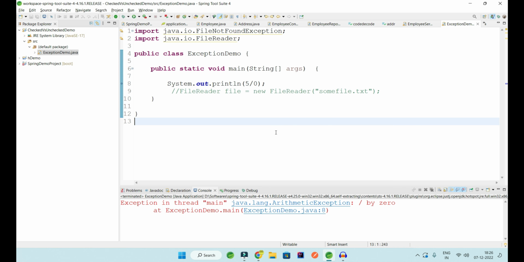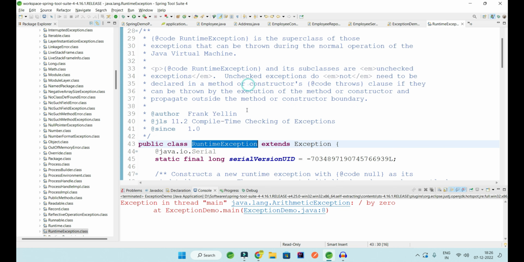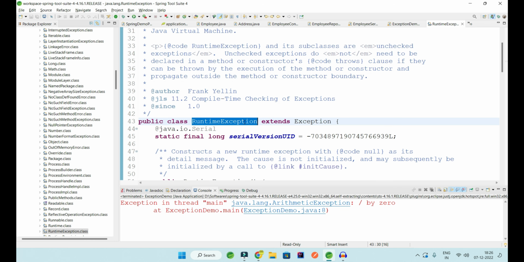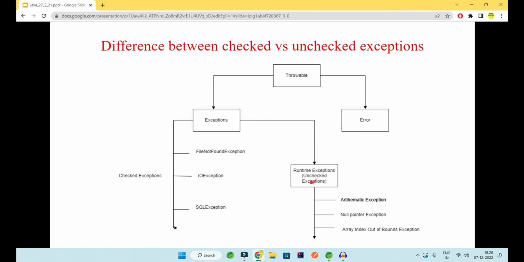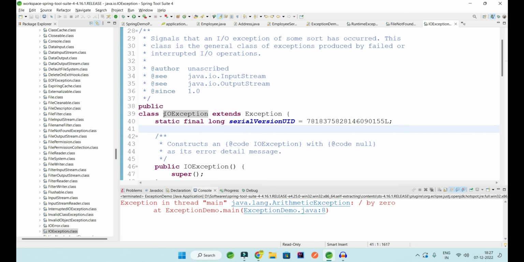I can show that to you. If you can see, runtime exception is an exception which extends exception. So here we prove that runtime exception is a child of exception. While when it comes to IO or file not found exception, IO exception is directly extending exception.